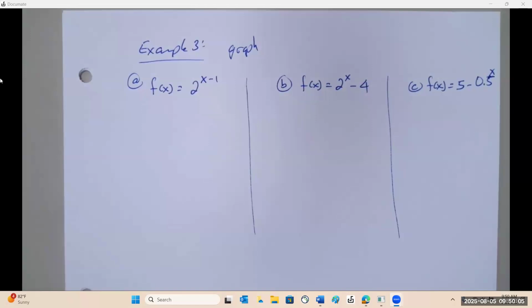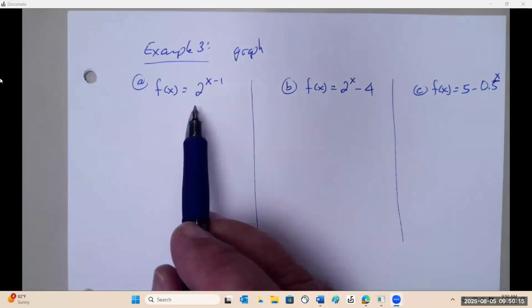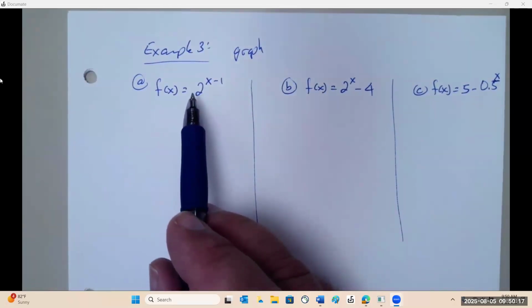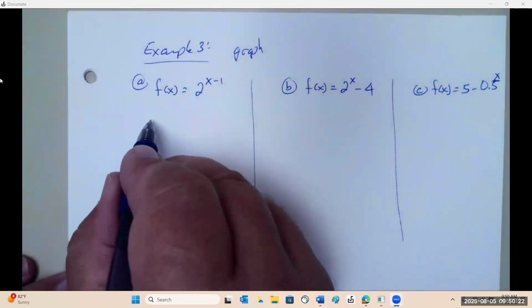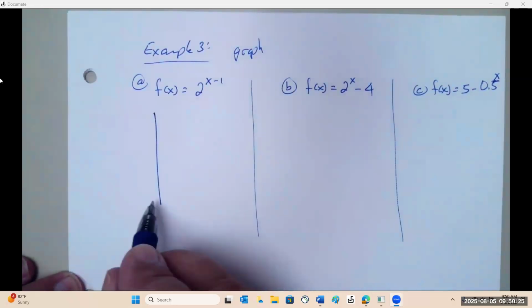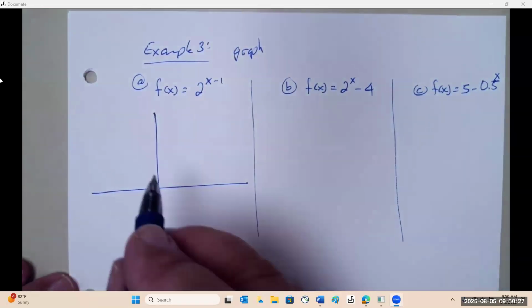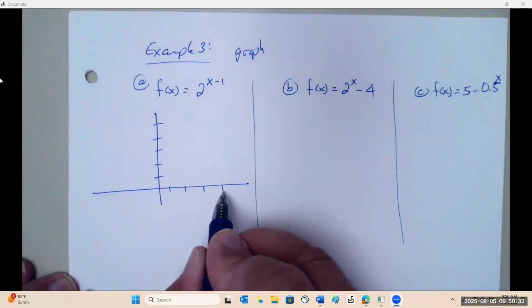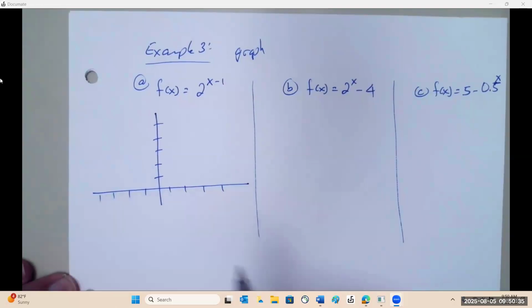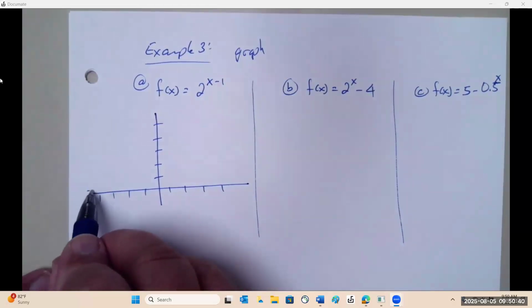So the first one, what do we notice about it? It's greater than 1, so it's what kind of function? It's an increasing function. Is there a shift? The original function looks like this.